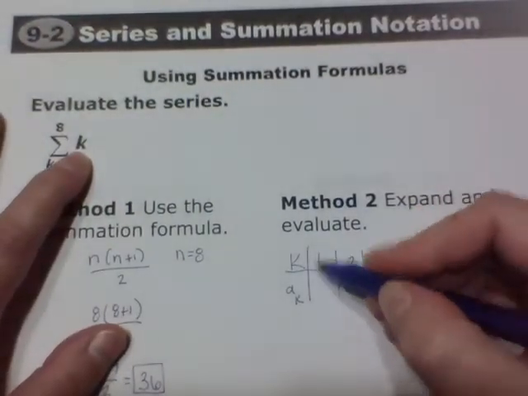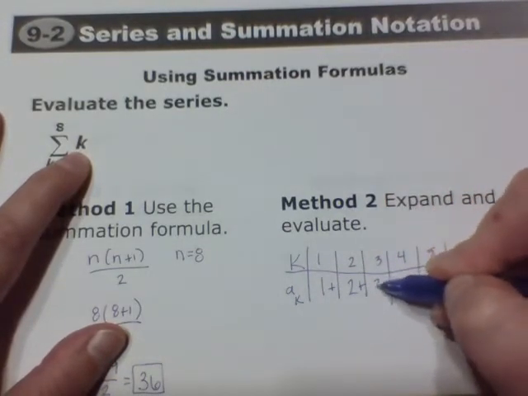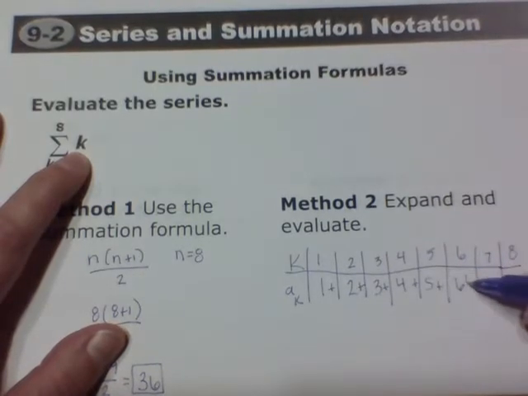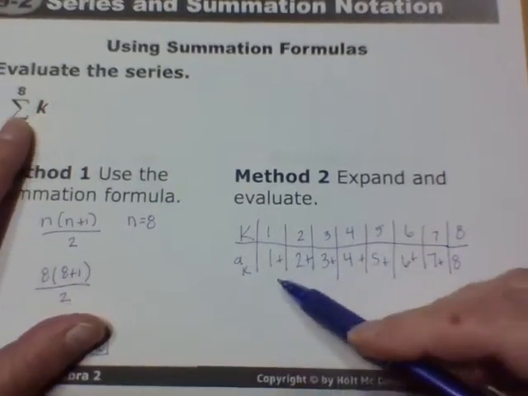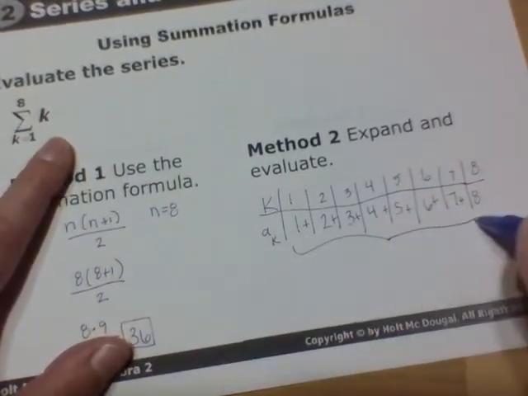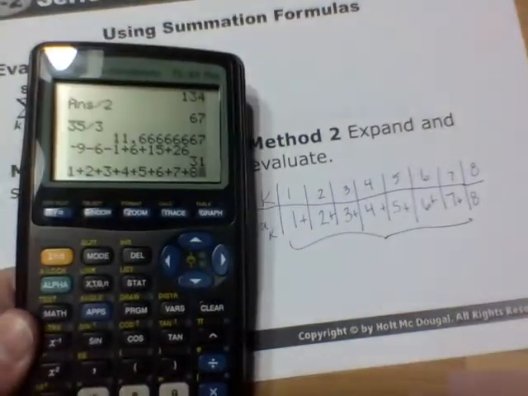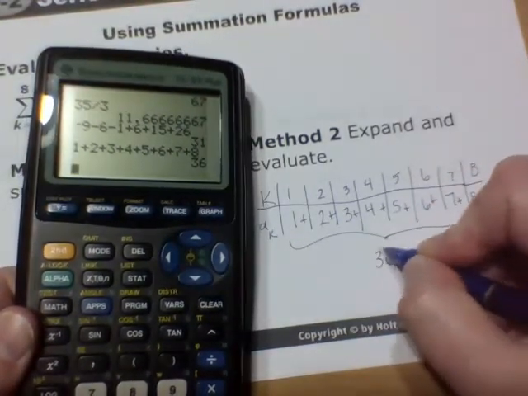So if I plug in a 1 for k right here, we get 1, which will add to 2, and 3, and 4, 5, 6, 7, and 8. So we're actually going to add those together. And so just to double check, we've got 1 through 8 added together, and that is also 36.